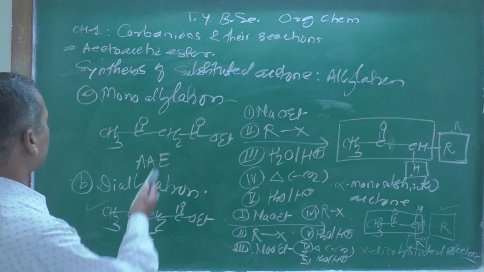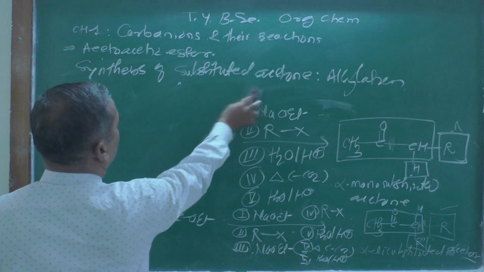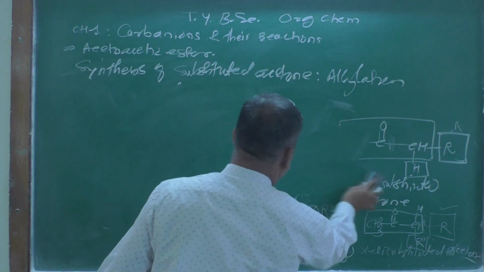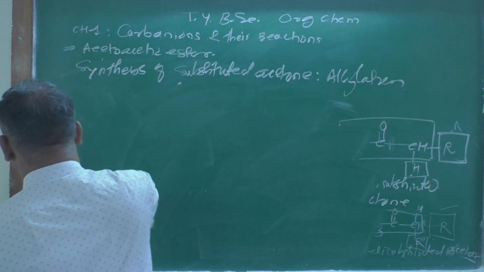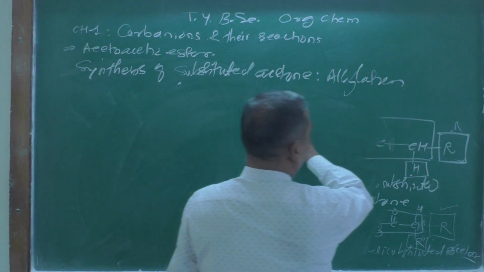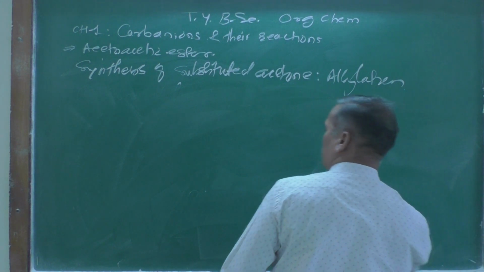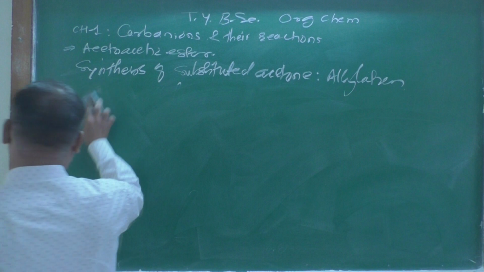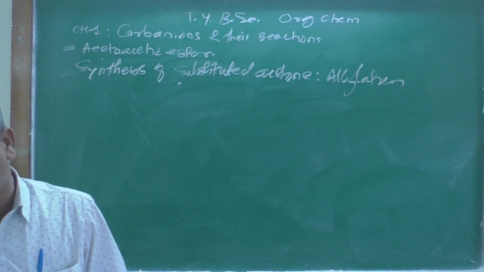Now let us start the synthetic application of this, because this is the second synthetic reagent which we are using here for the preparation of monosubstituted or disubstituted acetone. Let us take one example over here.